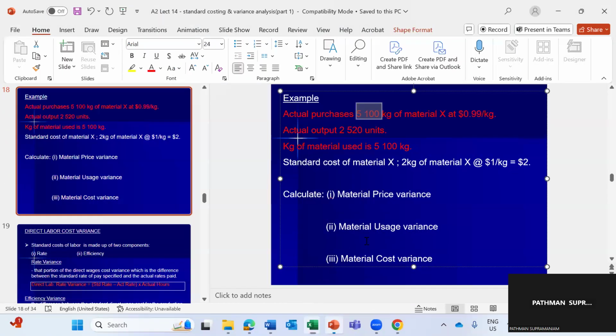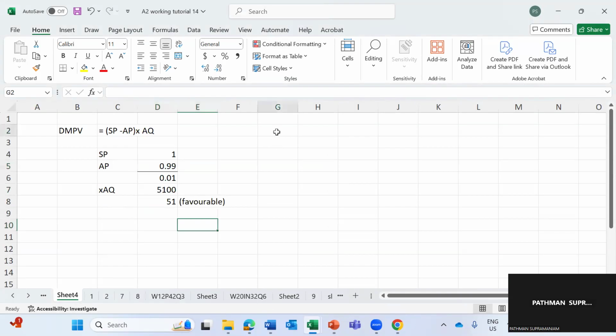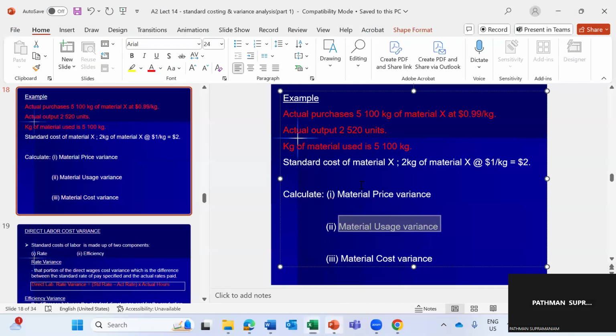Okay, now let's calculate the direct material usage variance. So direct material usage variance, the formula is standard quantity minus actual quantity times standard price. Okay, now standard quantity means how many kilos of material we are supposed to be using to make 2,520 units of finished goods.